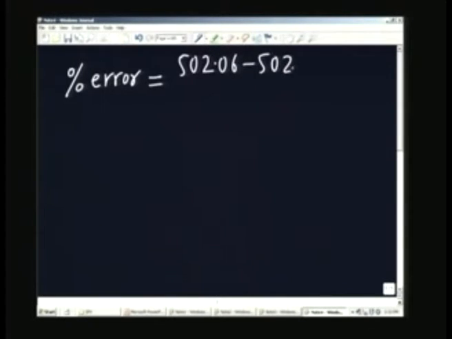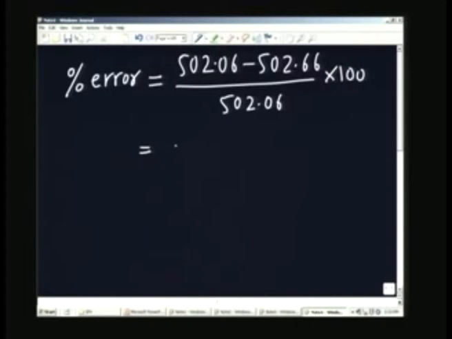So, the percent error when you ignore the density of the fluid is the difference between the two, which is 502.06 minus 502.66 divided by 502.06 into 100 percentage, and this comes to minus 0.121%.